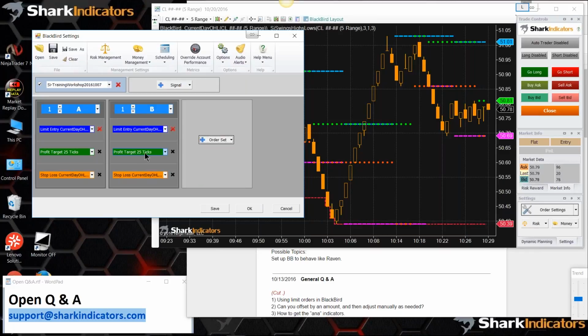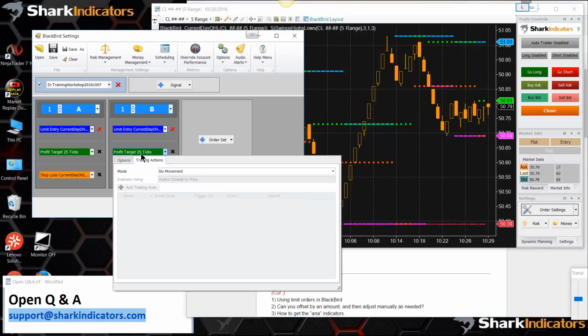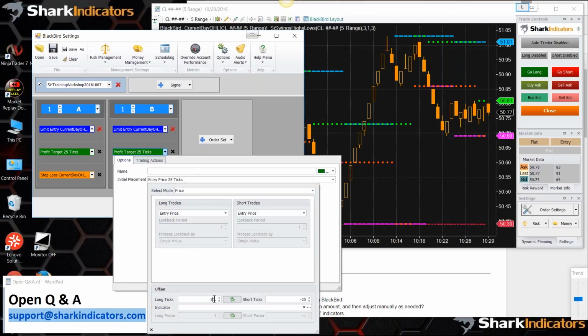The only thing we have to adjust is our profit target, because remember, in our rules here, T2 is a 50 tick profit target, but the stop loss is the same, and our break-even stop loss rule is the same. So we just need to go into our profit target here and change it to a 50 tick profit target.